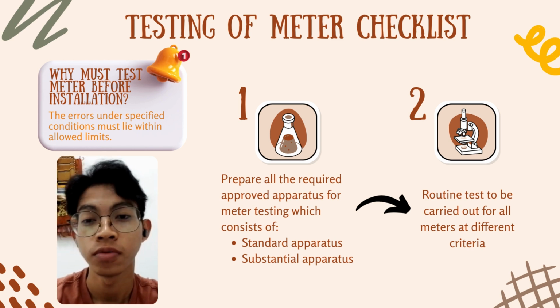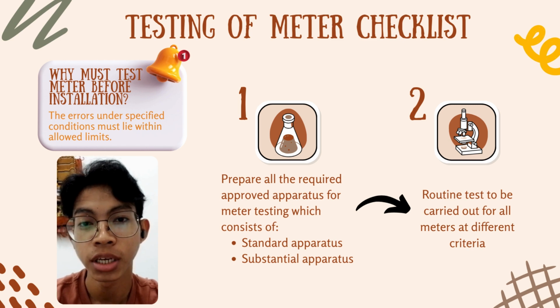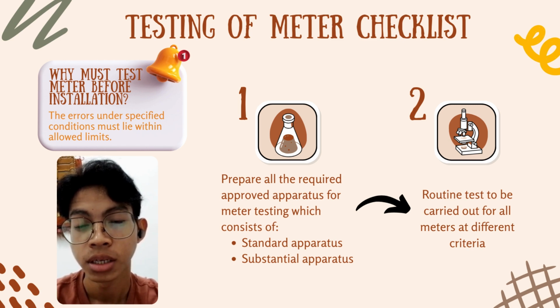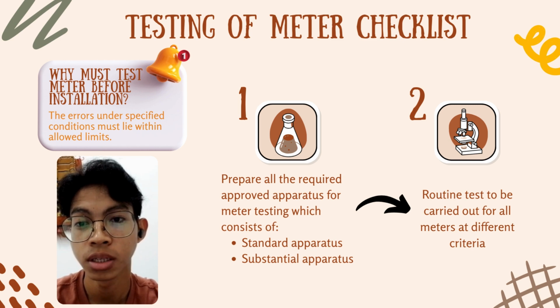Before installation of an energy meter, it is important to check the meter accuracy. This is important because the error under specified conditions must lie within allowed limits.